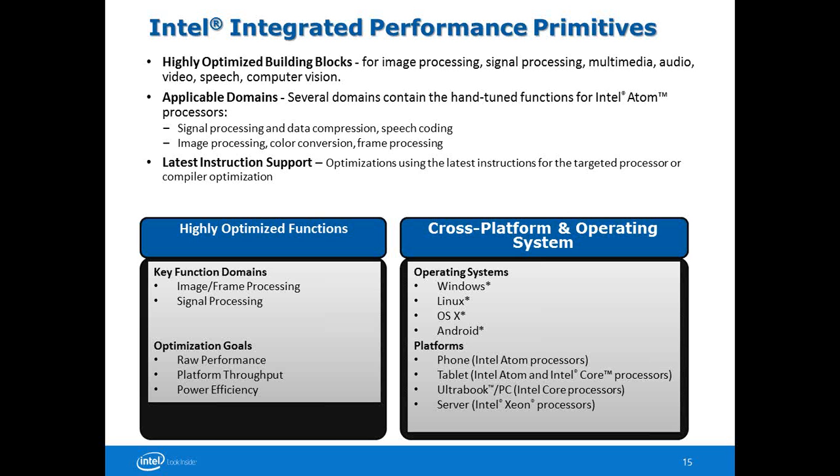So IPP is supported on Atom, Intel Core, as well as Xeon processors. If you have intense computing functionality within your application, you can always leverage the optimization that is done in the IPP library and take advantage of it.